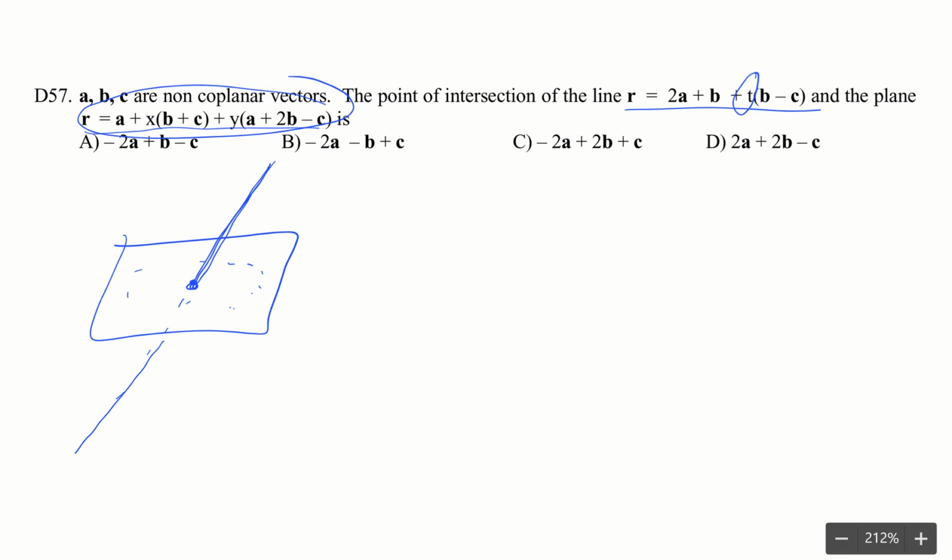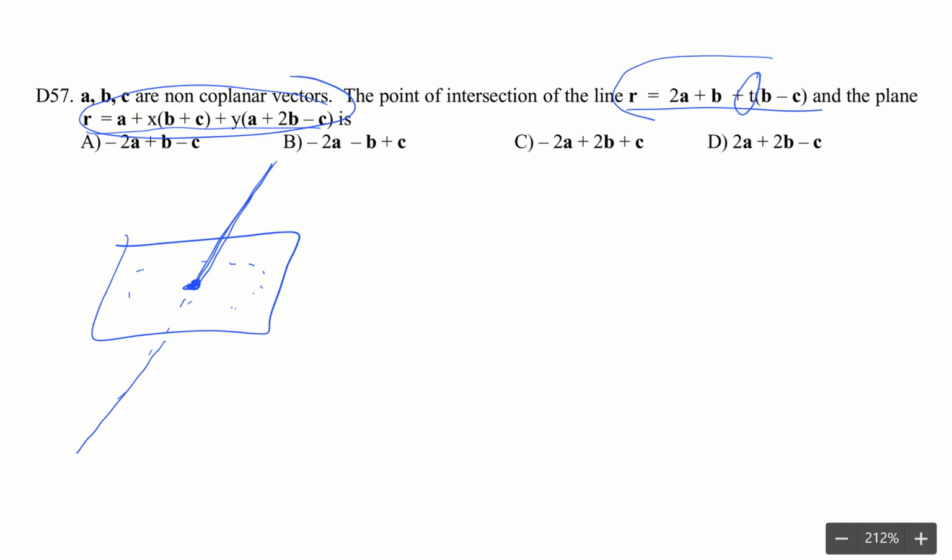Now as these are intersecting, for some value of t, this should represent this p, and at the same time for some other values of x and y, this r bar should represent the same point p. So to find the point of intersection, I need to know either this value of t or these values of x and y. So let's proceed for that.